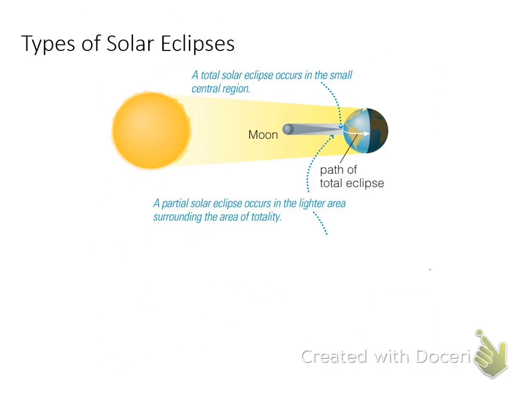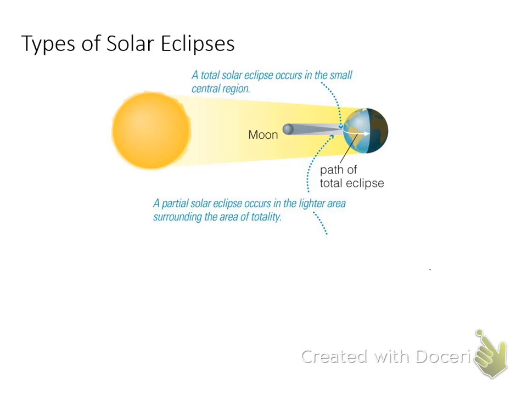Okay, so types of solar eclipses fall into a few categories. Remember, a solar eclipse can only happen when the moon is blocking out light from the sun, so the Earth is getting it just for a select group. We also have an umbral part of the moon shadow.